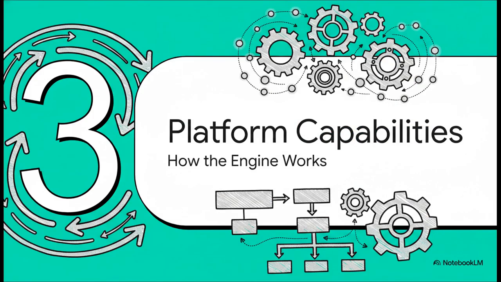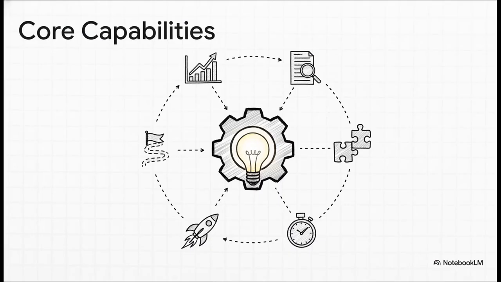Moving on to Section 3, Core Platform Capabilities. Let's see how this engine actually works. Let's systematically pop the hood and see exactly what this AI can do. First up, resume and profile intelligence. It actively analyzes what you're projecting out into the world. Then it uses AI-powered career analysis to figure out your true professional trajectory based on real data.